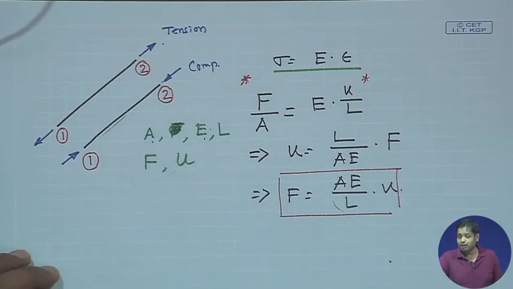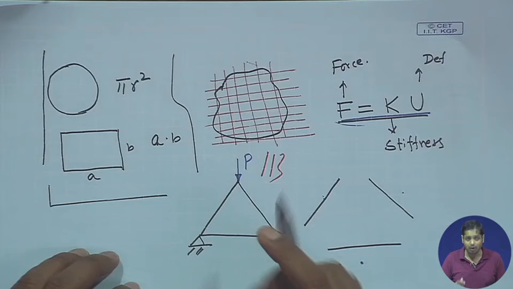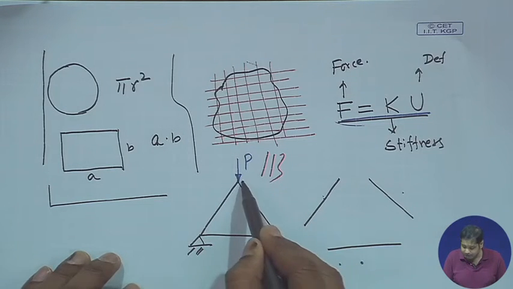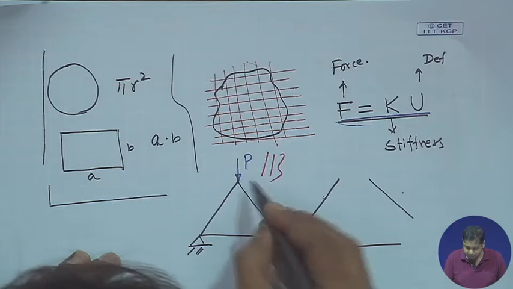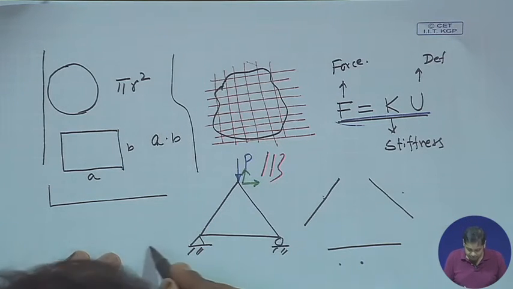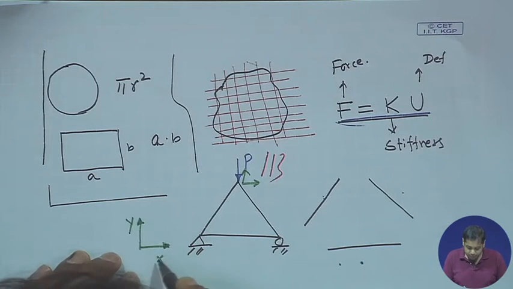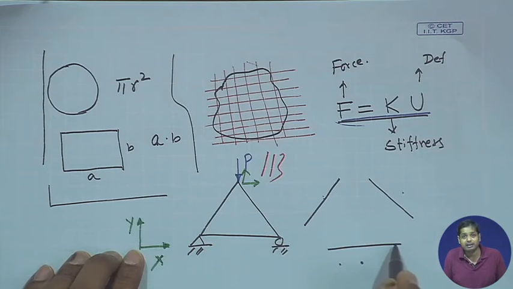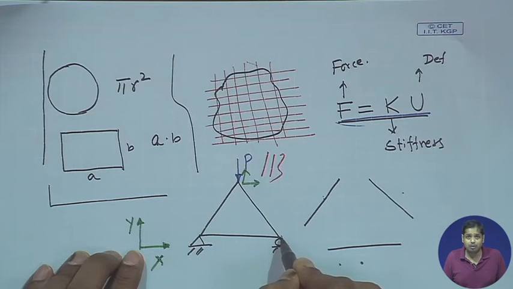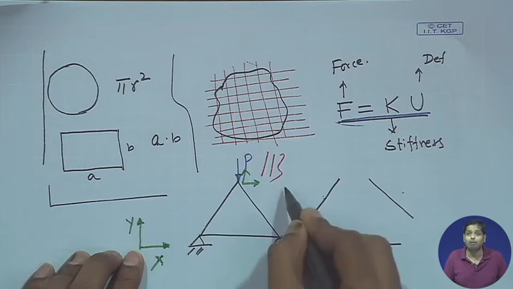But in the actual structure, suppose this is the actual truss, if you recall, we are interested in the displacement in these directions. If this is my x coordinate and this is y coordinate, we want the displacement of any joint in the x direction and the displacement of that joint in the y direction.